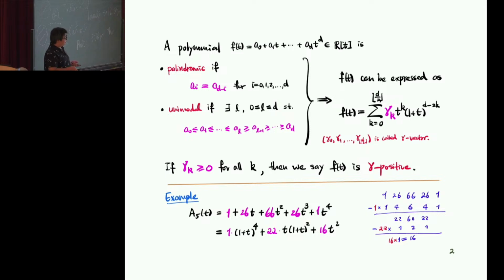The first thing you can remove is 1, 4, 6, 4, 1, and then you can remove 1, 2, 1 twice. The coefficients you get are 1, 2, 2 and 16, which is right here. If they are all positive, then we call this polynomial gamma positive.